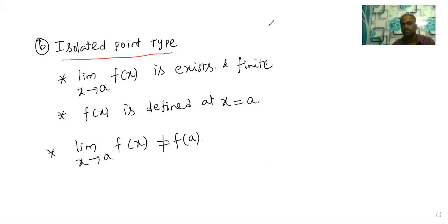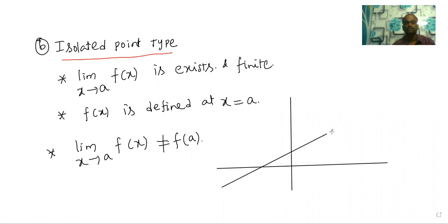That's why this type of discontinuity is called isolated point type discontinuity. I'm going to draw a rough diagram which shows that the given function has isolated point type discontinuity at x equal to a.